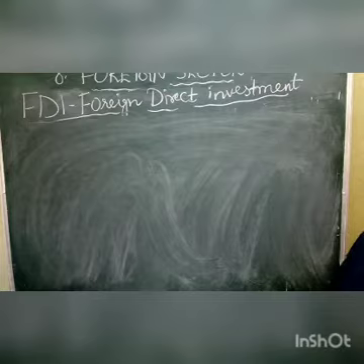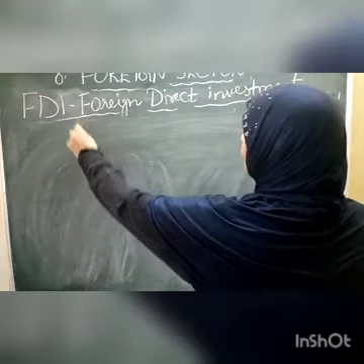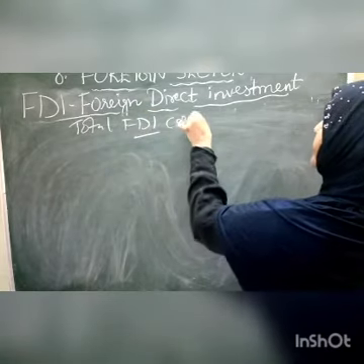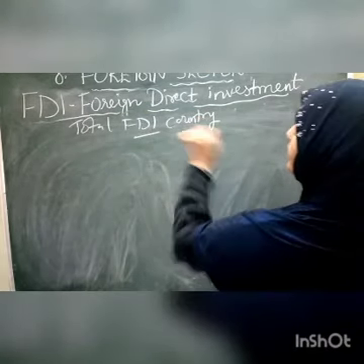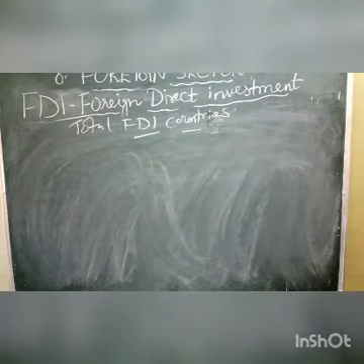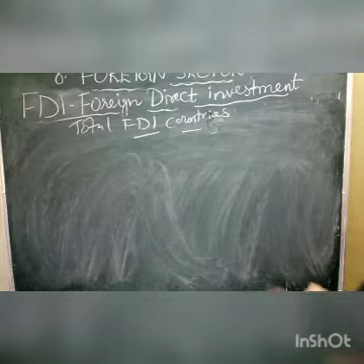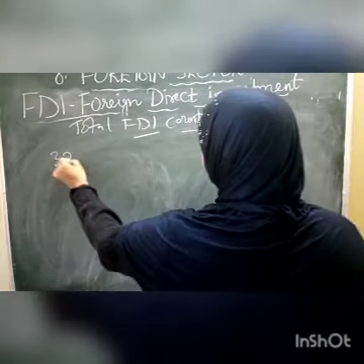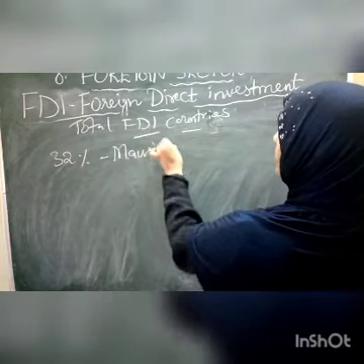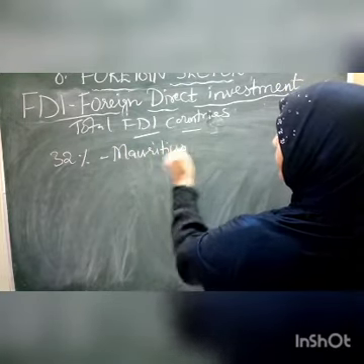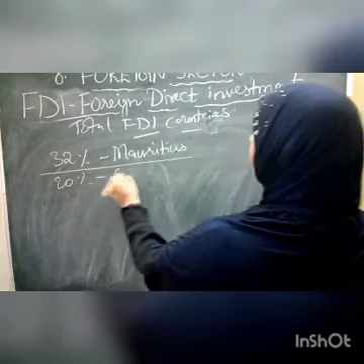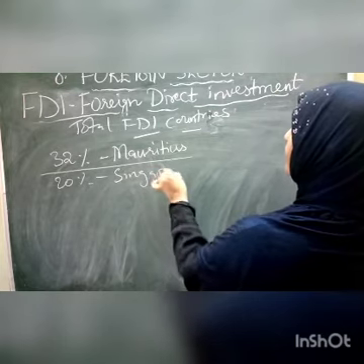So the total FDI by the different countries of the world. What are the different countries? The first one, children, is 32% from Mauritius. Mauritius is investing nearly 32% of FDI in our country, followed by 20% by Singapore.